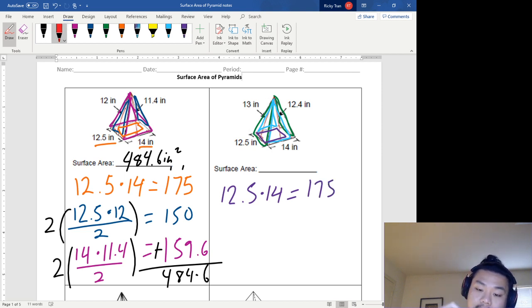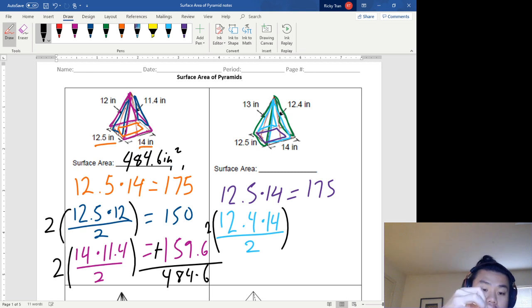And then we have the light blue triangles, which is going to be 12.4 times 14 divided by 2 times 2, because there's two of those triangles. And then we have the green triangles, which is going to be 12.5 times 13 divided by 2 times 2.